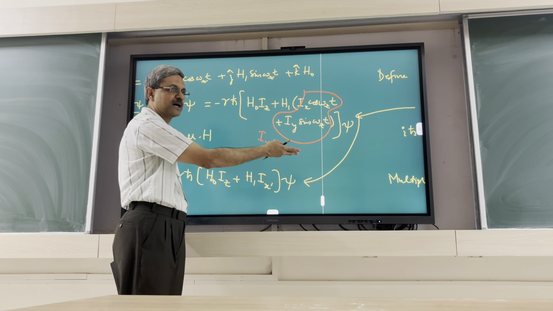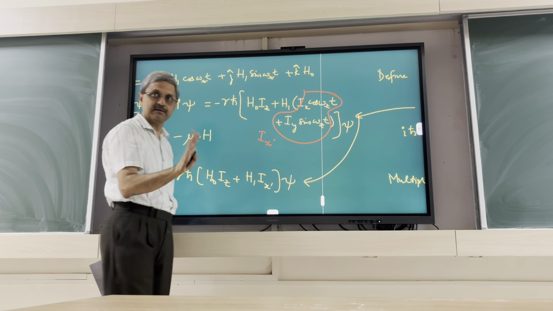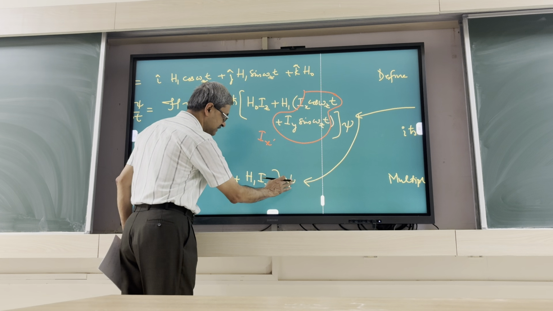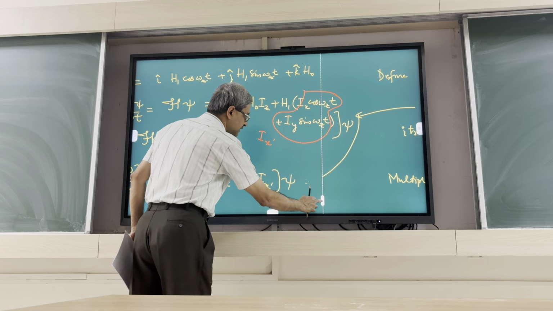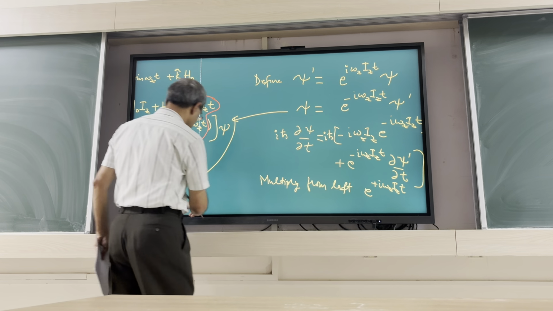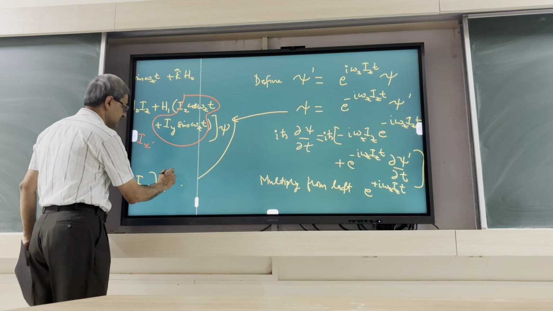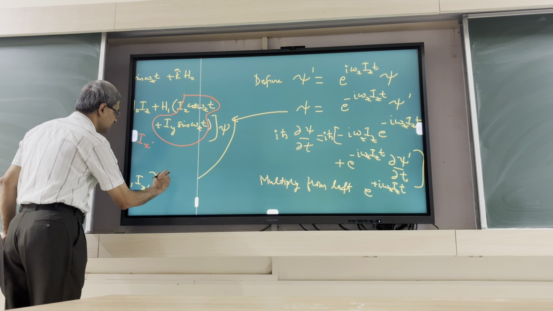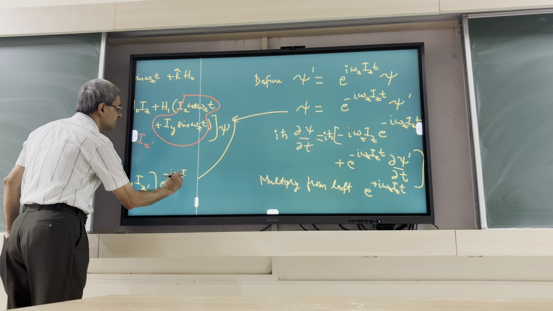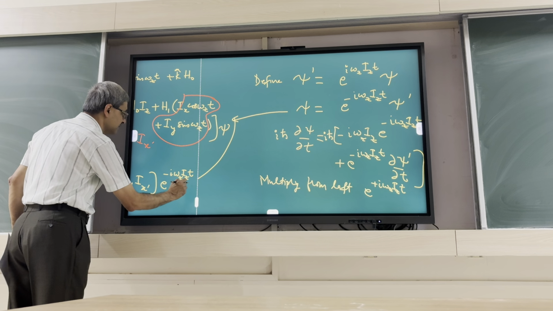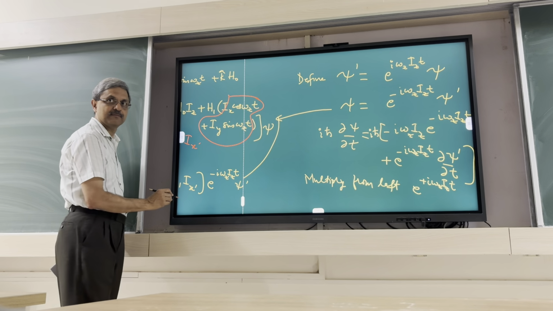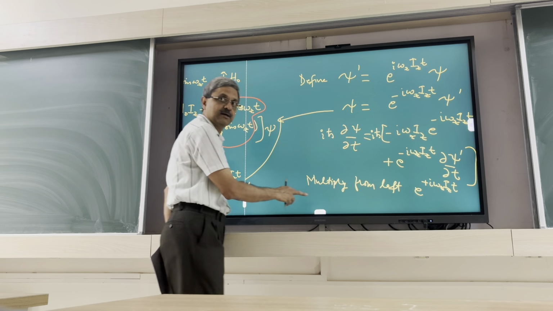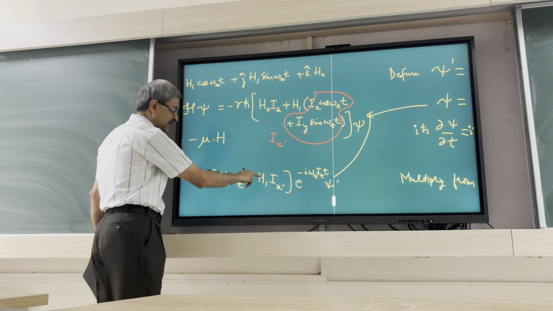So that goes back to I x, right? We have I x prime here, and then I rewrite my wave function using this one. So there is an e to the minus i omega z I z t times psi prime. Then from the left I have to multiply by e to the plus i omega z I z t.